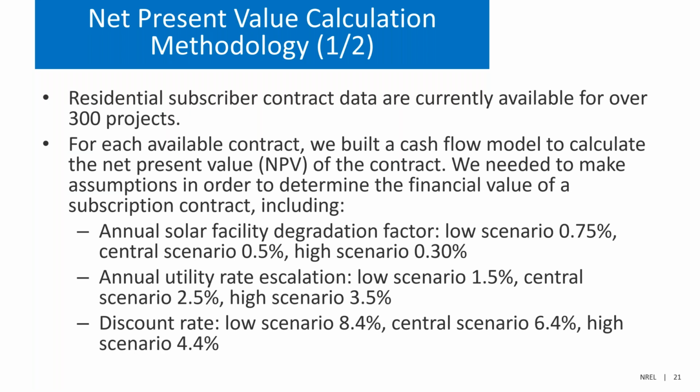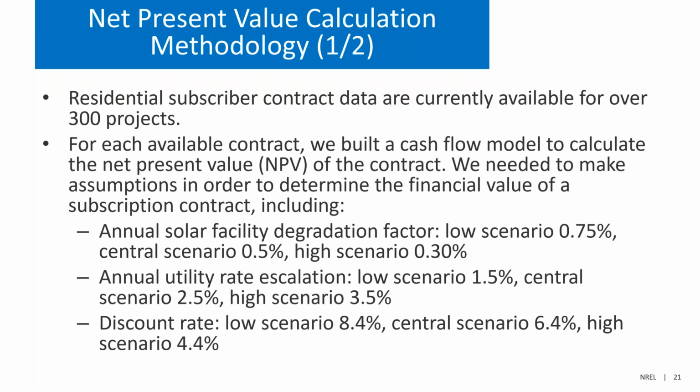For each contract, we then built a cash flow model that required a number of assumptions. We go through those assumptions in detail in the slide deck appendix, which will be available online after the webinar. But just to give you a sense, we looked at a few key factors building off of some available NREL tools. We also had to make some assumptions about degradation factors, retail rate escalation, and discount rates.